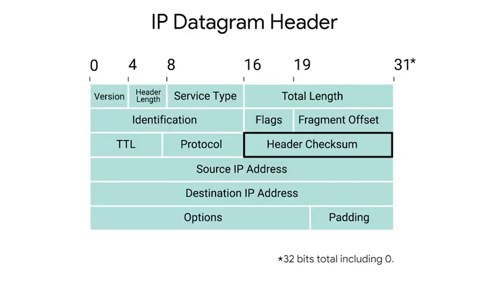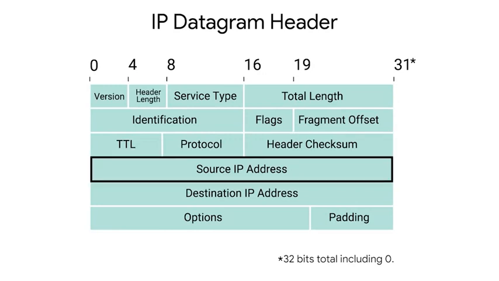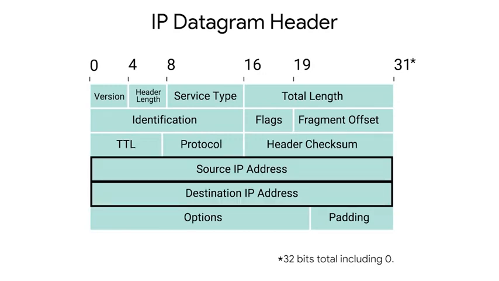It functions very much like the Ethernet checksum field we discussed in the last module. Since the TTL field has to be recomputed at every router that a datagram touches, the checksum field necessarily changes too. After all of that, we finally get to 2 very important fields, the source and destination IP address fields.